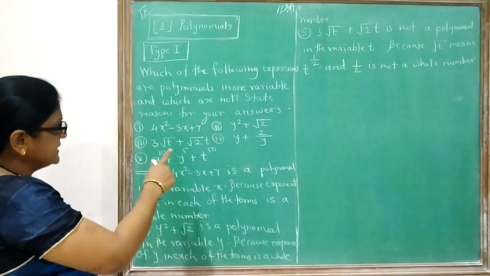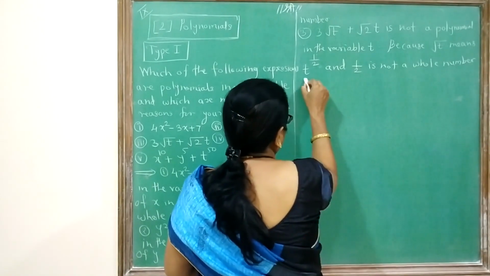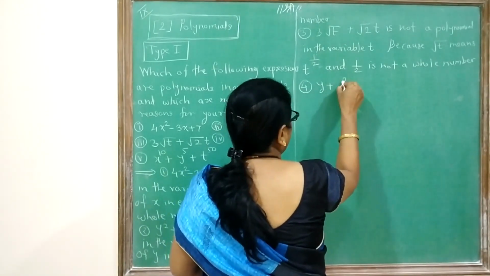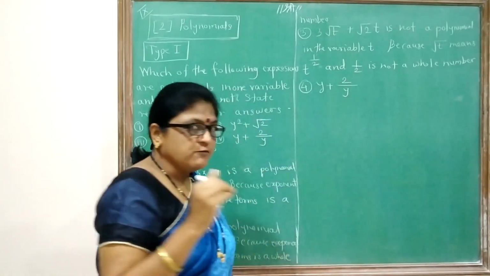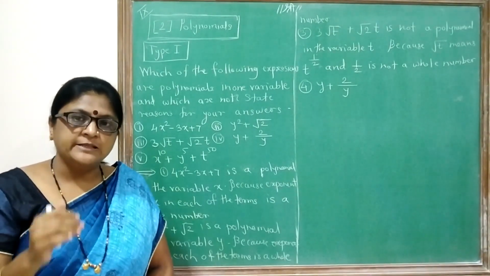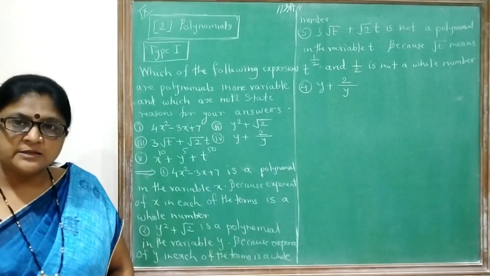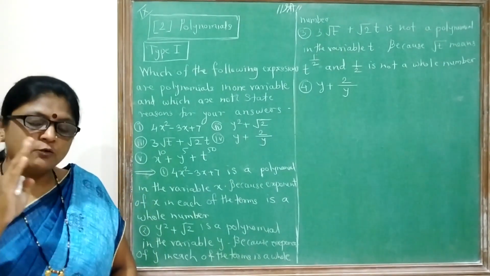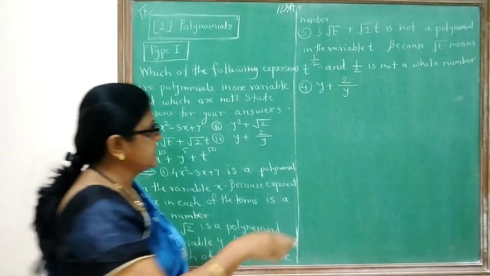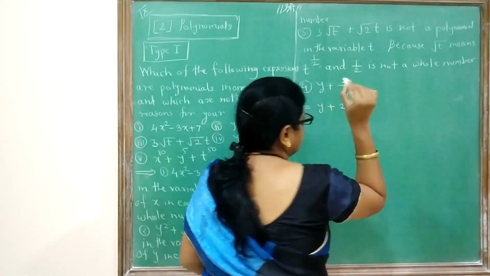Then your fourth example is y plus 2 upon y. Here 2 upon y, this y will be transferred to the upper side, and you get 2 into y raised to minus 1. So write y plus 2 into y raised to minus 1.